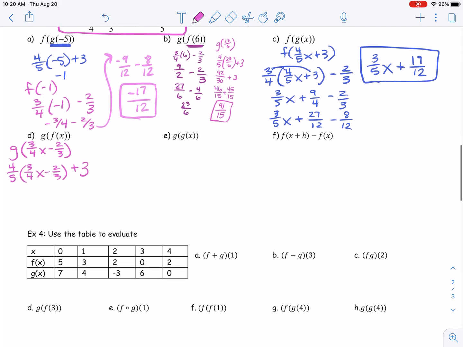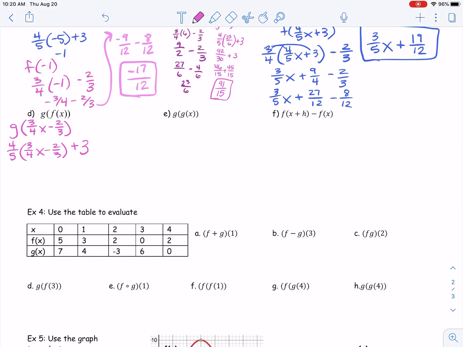As you guessed, my first step is distributing that 4 over 5. So 4 over 5 times 3 over 4 is 3 over 5x. 4 over 5 times that negative 2 over 3 is going to be a negative 8 over 15, and then plus my 3 from the outside.